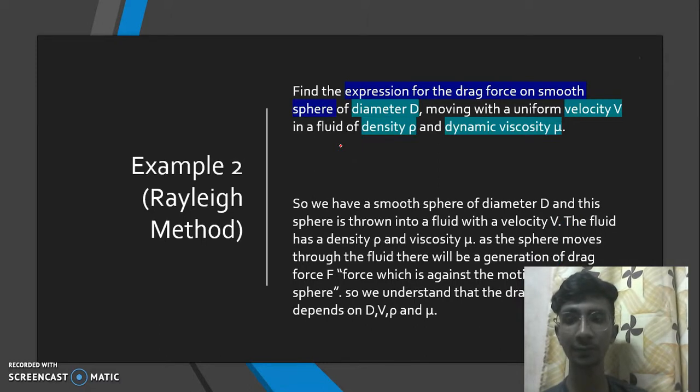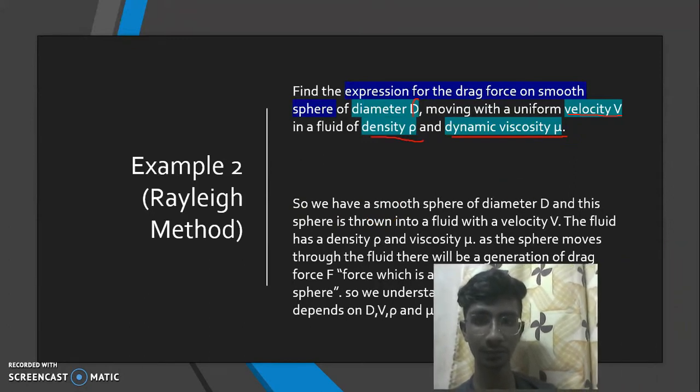Now we go for example 2, Rayleigh's method. The question is, find the expression of drag force on a smooth sphere of diameter d, velocity v, in a fluid of density ρ and dynamic viscosity μ. So this is the analysis I have done for this question.